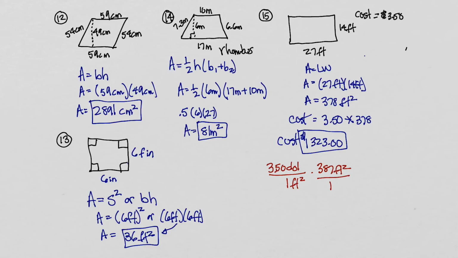And then what happens here is that the square feet cancel, and we're left with $3.50 times 378, right? And that's just what we had back up here. We would have written that without the units.